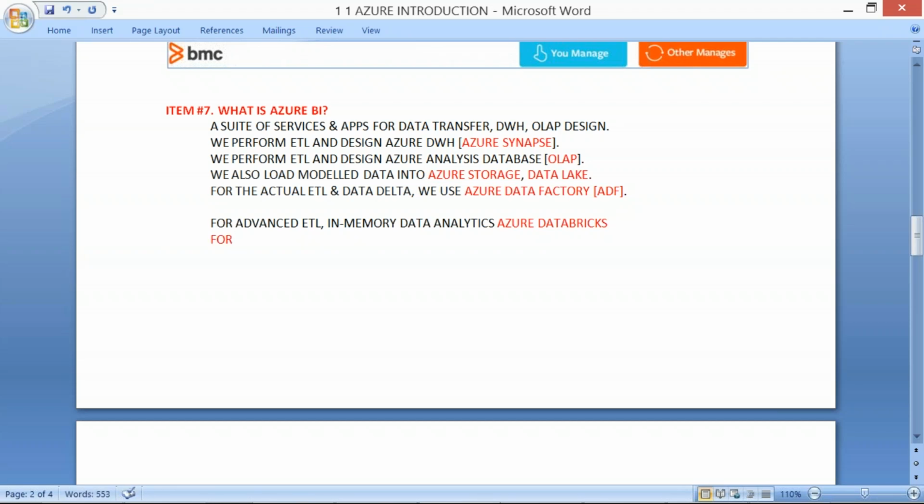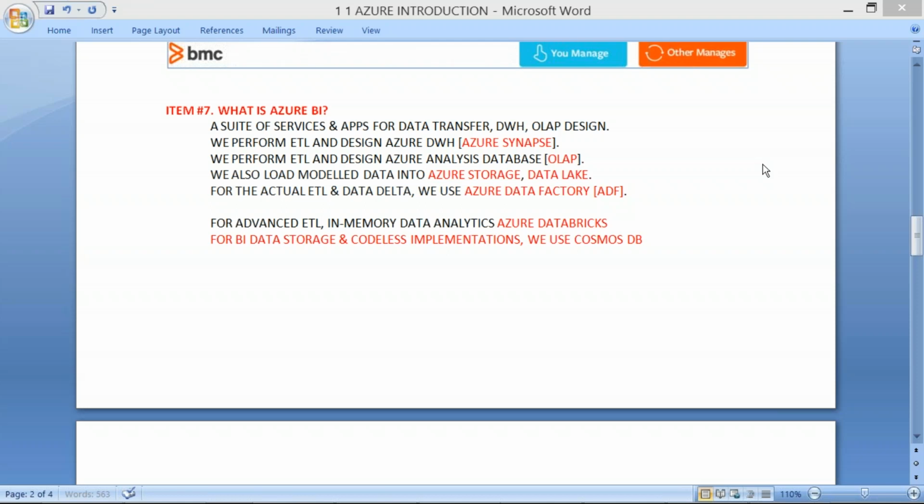And for big data storage and codeless, we say NoSQL implementations, we use Cosmos, say Cosmos DB. If you want to, you can upgrade your skill set with these 2 lines, Databricks and Cosmos.